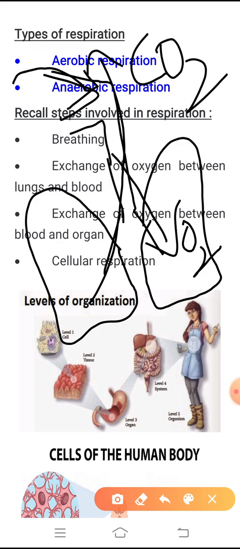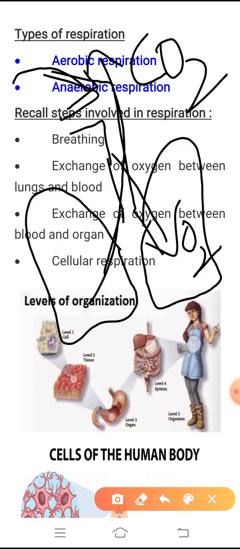So now the oxygen from the lungs goes to the blood. Okay, so you all know that the blood in our body flows to every part, right? It travels upwards, downwards, everywhere. Every part of our body consists of blood.